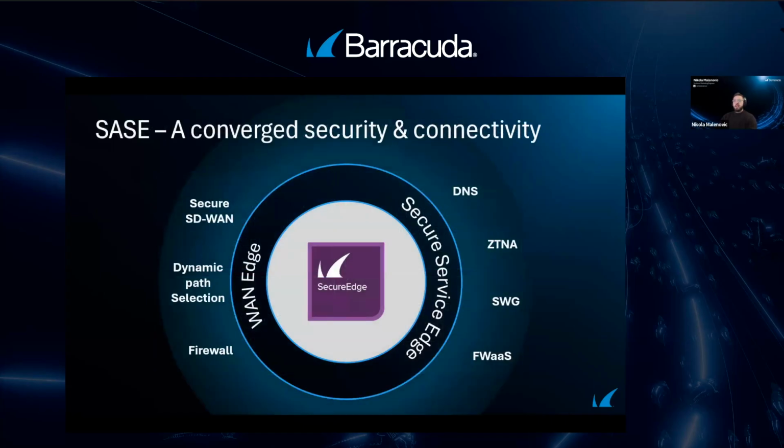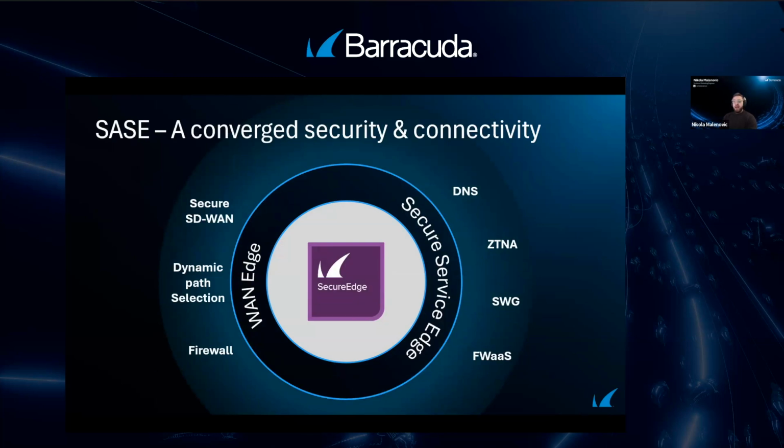All right, so let's now take a closer look at the SASE solution and its core functionality. Secure Access Service Edge, or SASE, is all about converging network connectivity and security. And for that reason, SASE is typically divided into 2 main components, connectivity and security. And on this slide, you can see this split clearly.